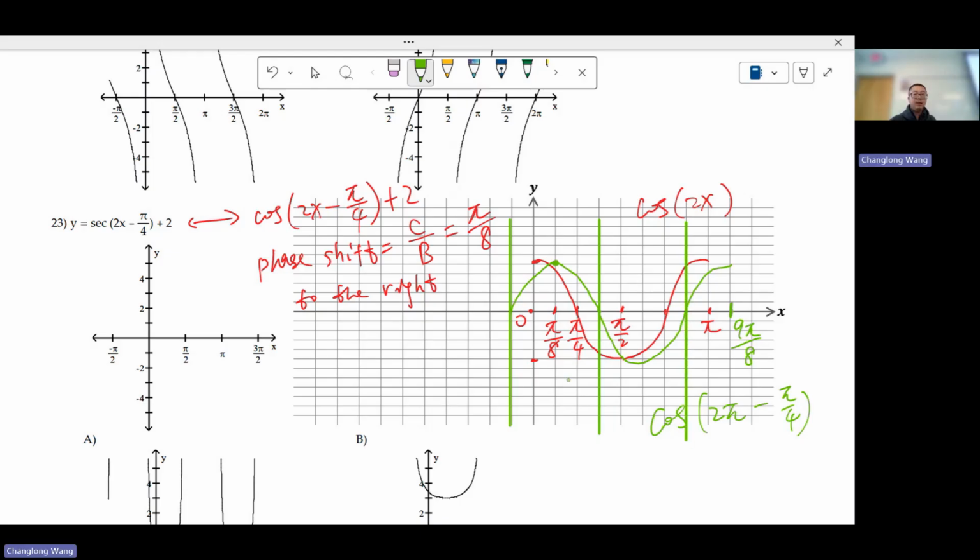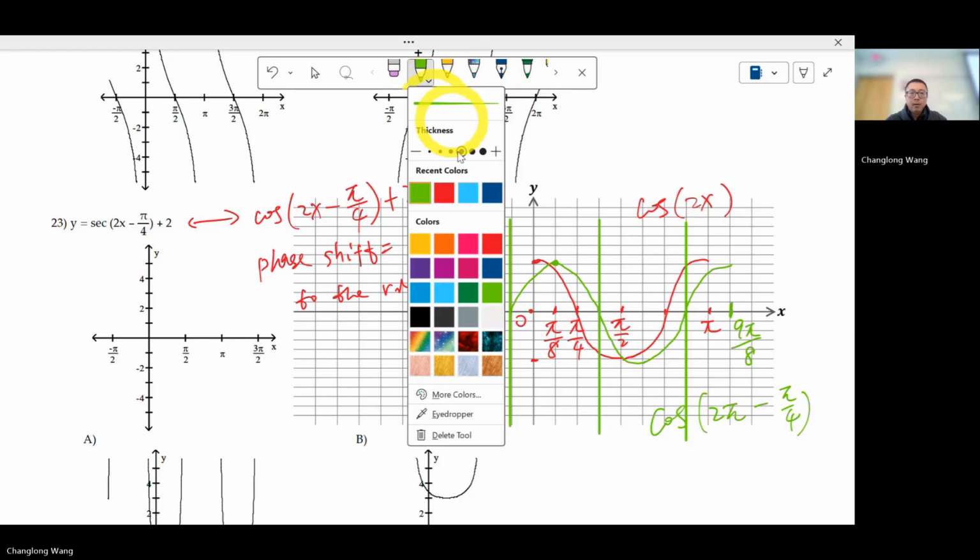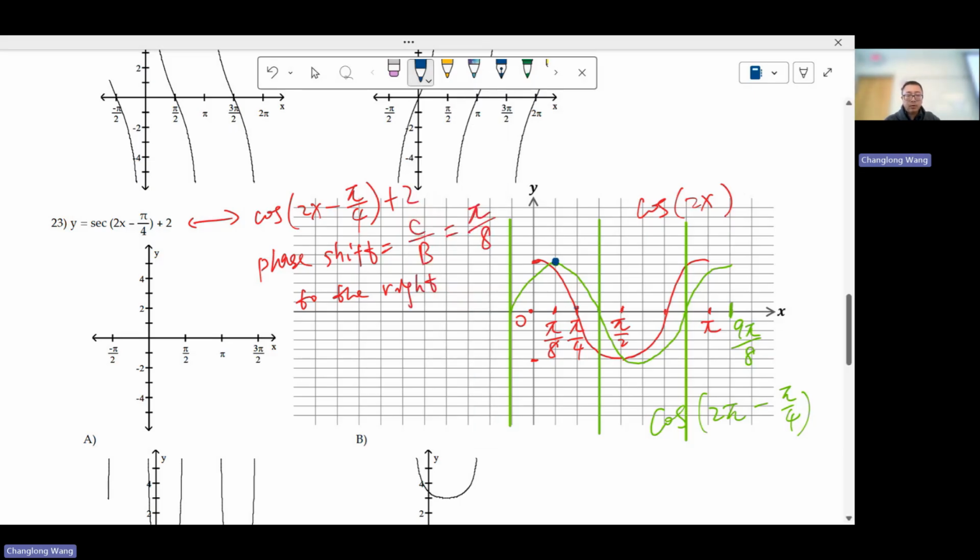Now, once you find the VAs, in between two VAs, locate the maximum or minimum. So I find this maximum of the cosine. Now just go ahead and flip the graph up, make it like a U shape, so that you see the graph's going to blow up when it gets close to the VAs.